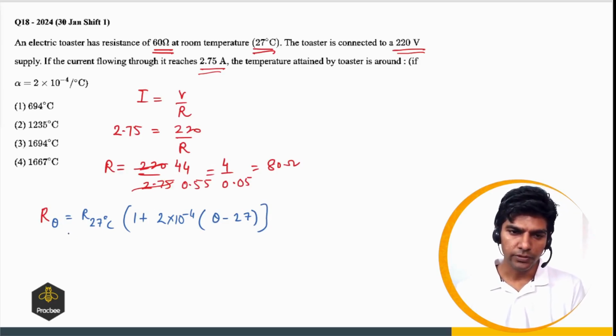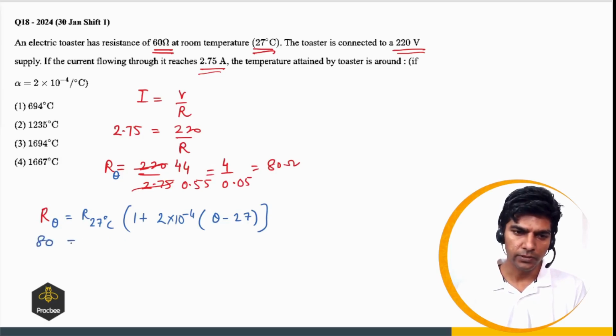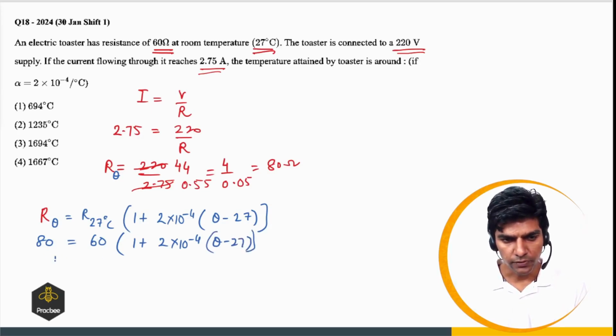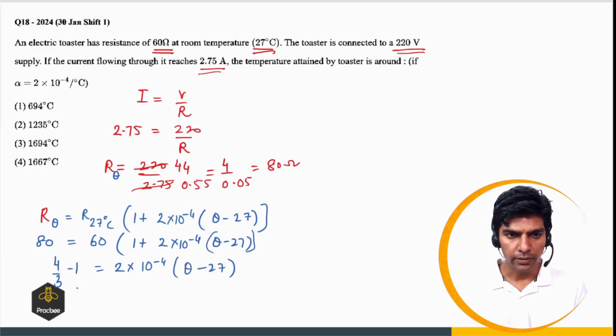Let us put the values. So resistance at new temperature is 80. So 80 is equal to 60 times 1 plus 2 into 10 raised to power minus 4 times theta minus 27. So this will give us 4 by 3 minus 1 equals 2 into 10 raised to power minus 4 times theta minus 27, and this comes out to be theta equals 1 by 6 times 10 raised to power 4 plus 27.